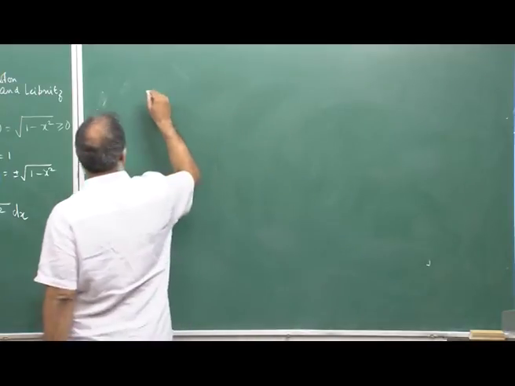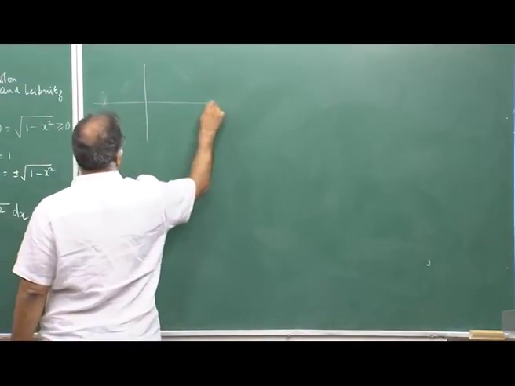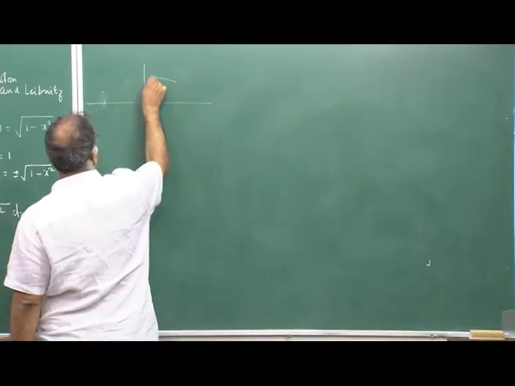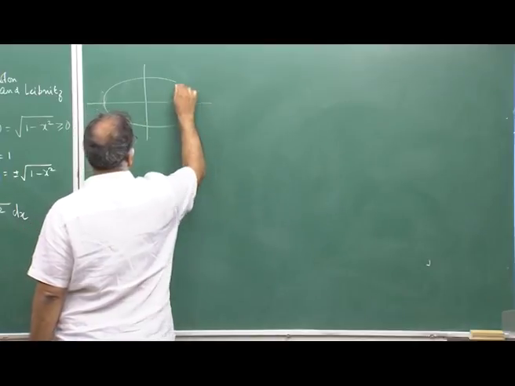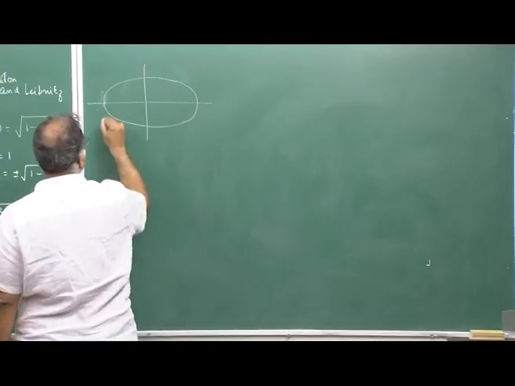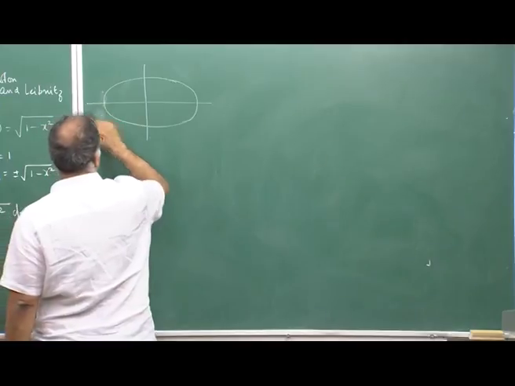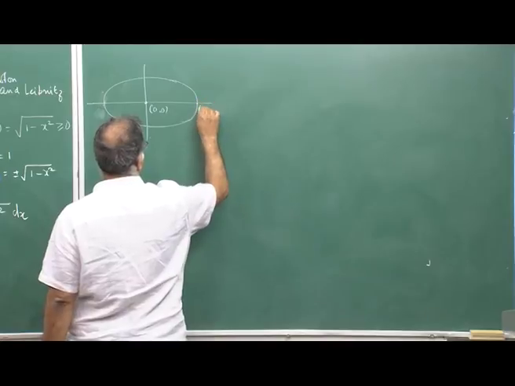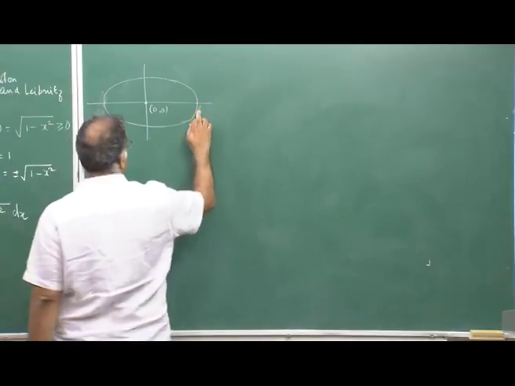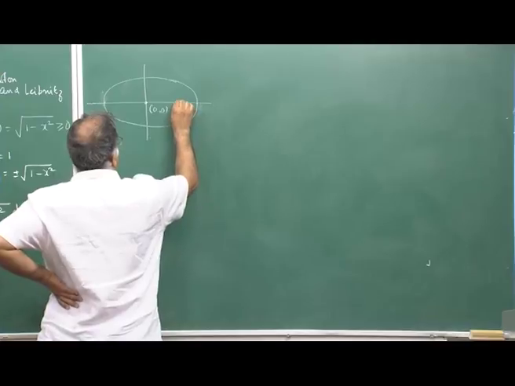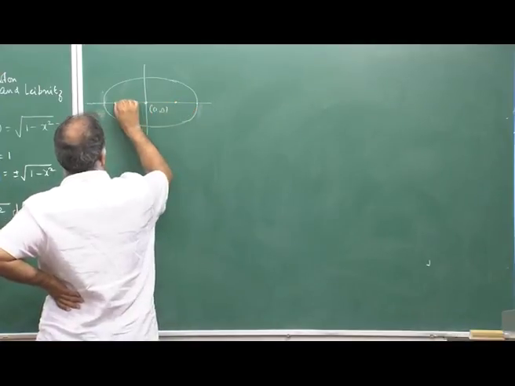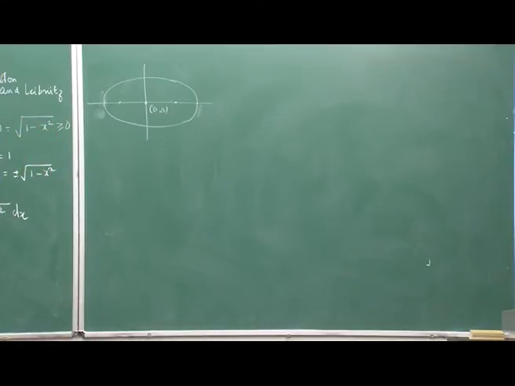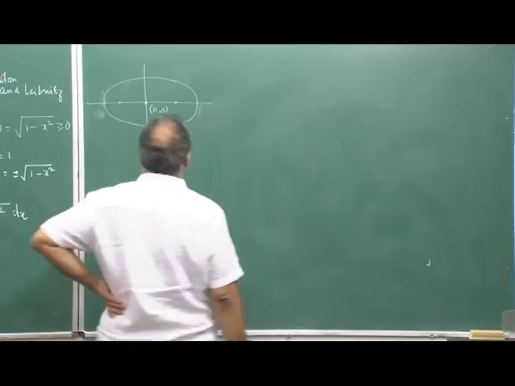For example, if you have an ellipse, so these are the two foci of the ellipse, and let me write the answer.